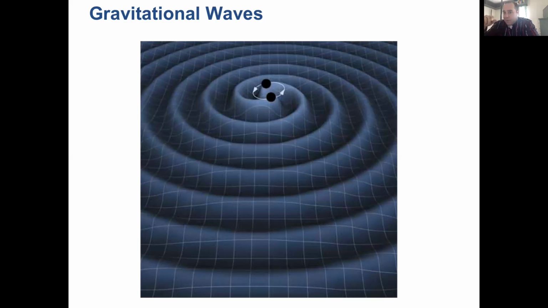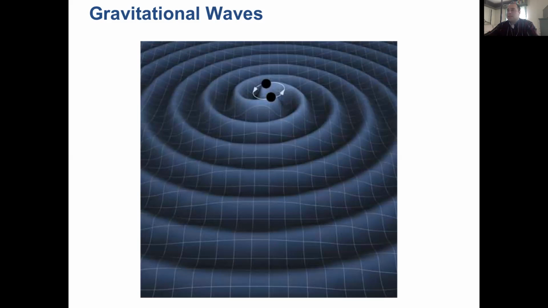And pretty much any time you're accelerating charge like that, you get a photon. Well, there's an equivalent when you accelerate masses. Instead of a photon or a stream of light waves coming out of a particle, if you accelerate a mass, you generate gravitational waves.